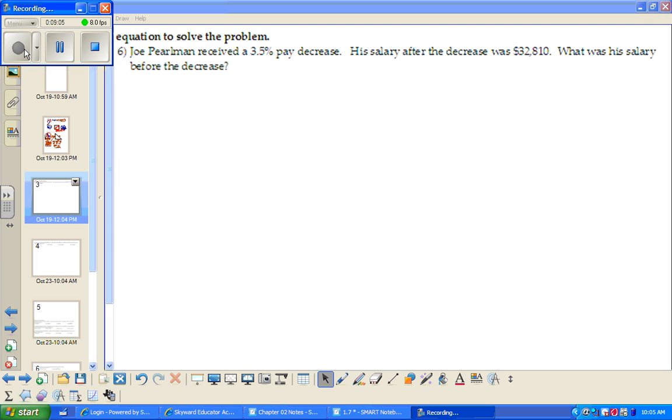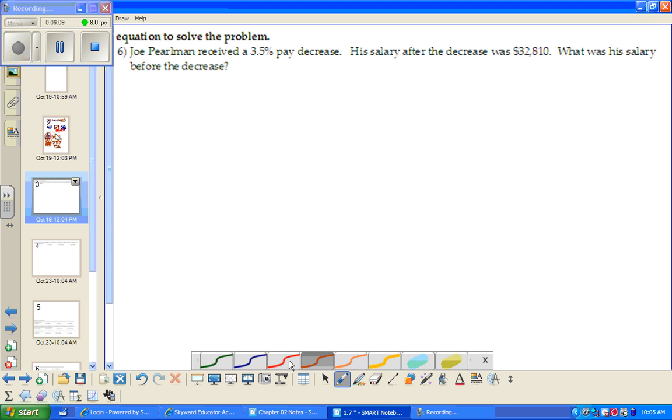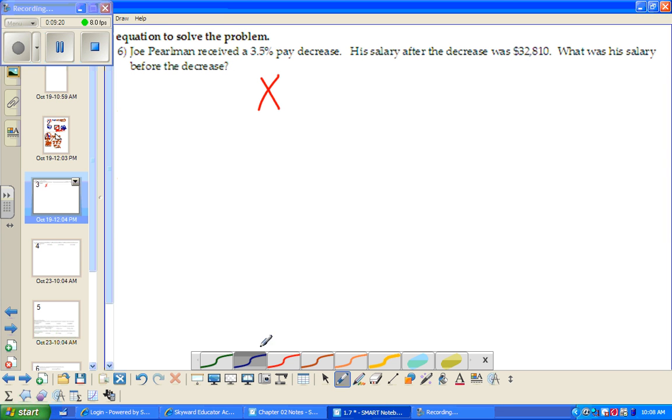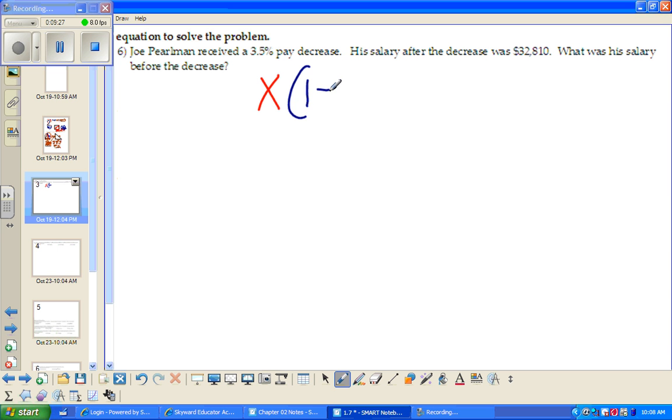That's X. So whatever that salary was, we took away 3.5% of it, and got 32,810.